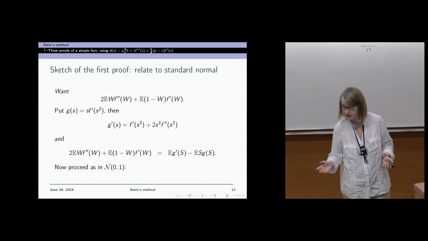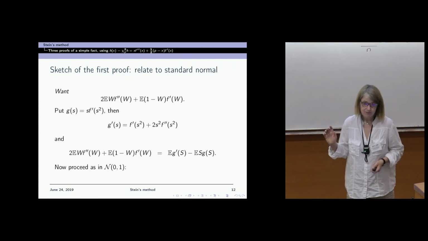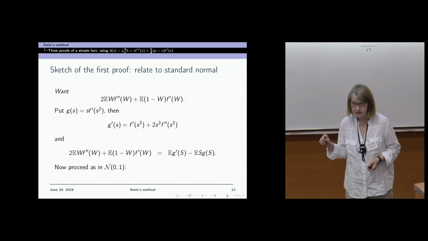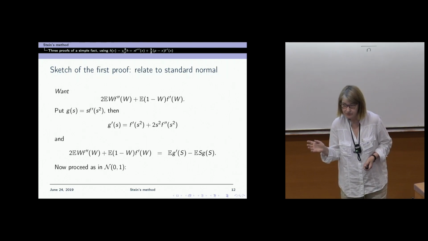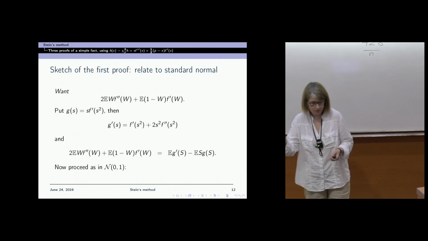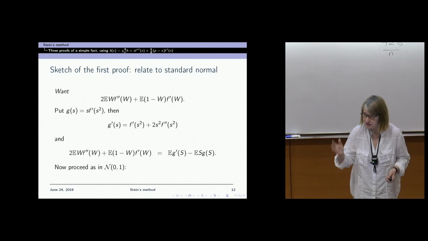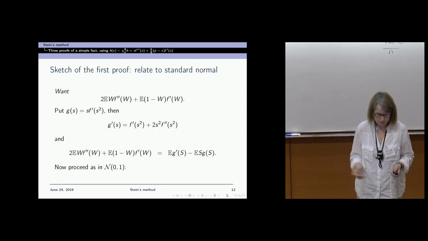And then we can proceed as in standard normal. But I'd like to point out that this function g of s, s f prime of s squared, is antisymmetric. It's because s squared is a symmetric function. Any function f of s squared will be a symmetric function, and s times f of s squared will be antisymmetric.